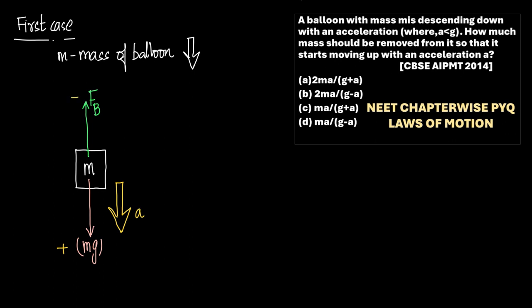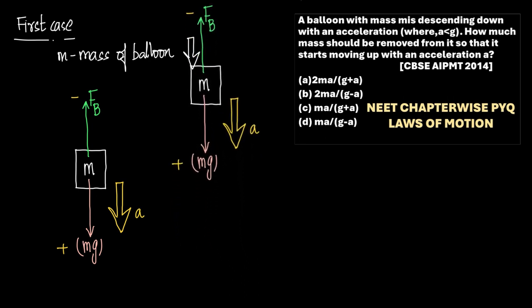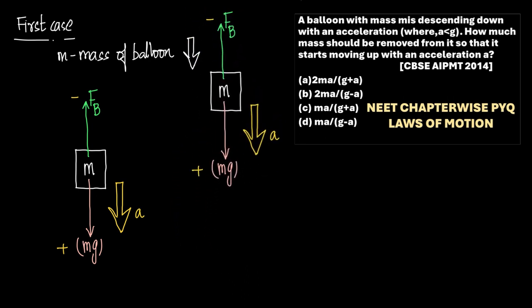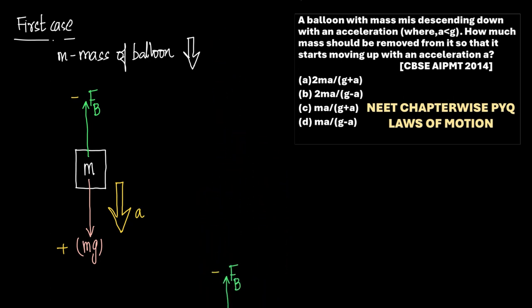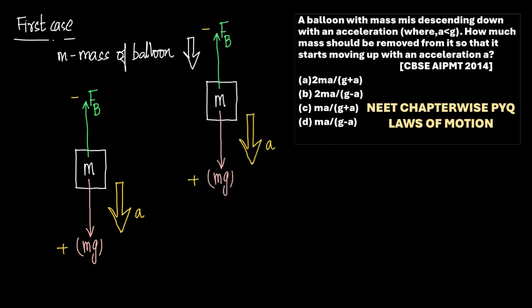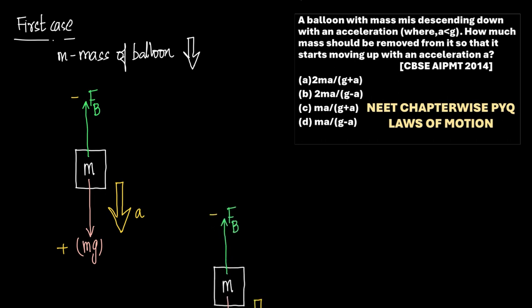Now, as we did in the previous problem, let me explain that part also. So this is the balloon here, and it has movement only in the y direction. Either it is descending downwards or it is ascending upwards.